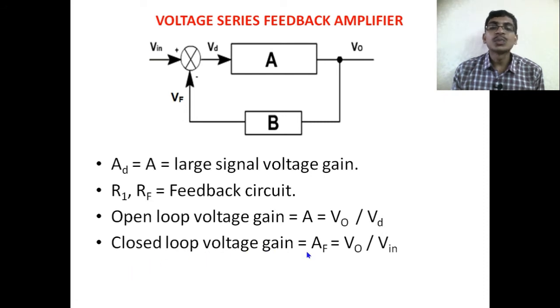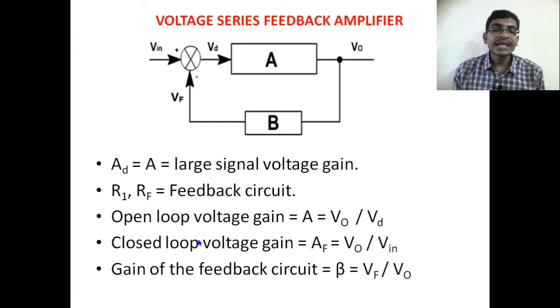The closed loop voltage gain AF is equal to V0 divided by VIN, the output voltage divided by the entire input voltage VIN.